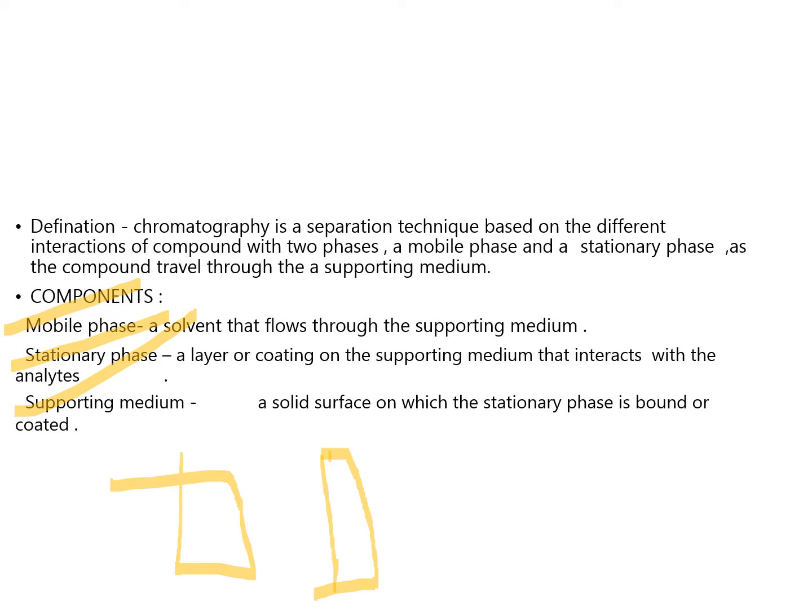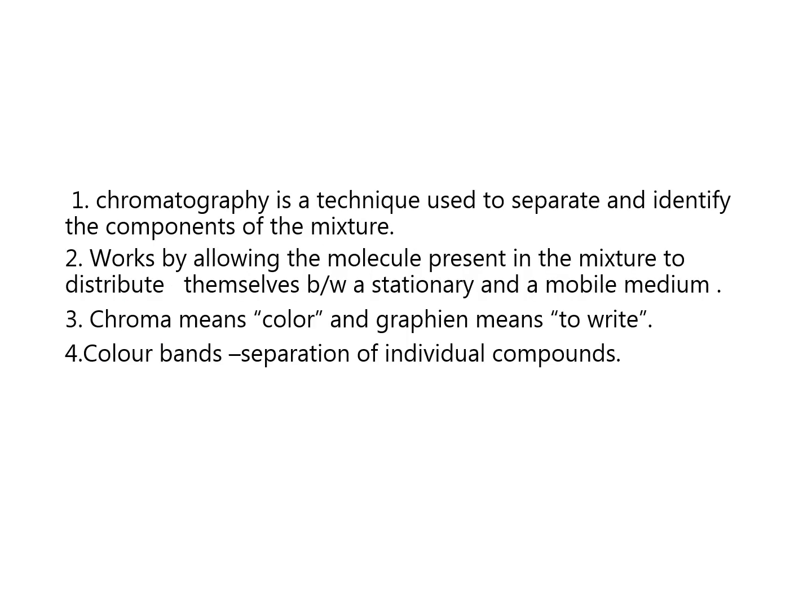For example, if you are using silica, you have to fix that silica on some supporting medium. So chromatography is a technique used to separate and identify. It allows the molecules present in the mixture to distribute between the stationary and mobile phases. Chroma means color and graphy means to write.